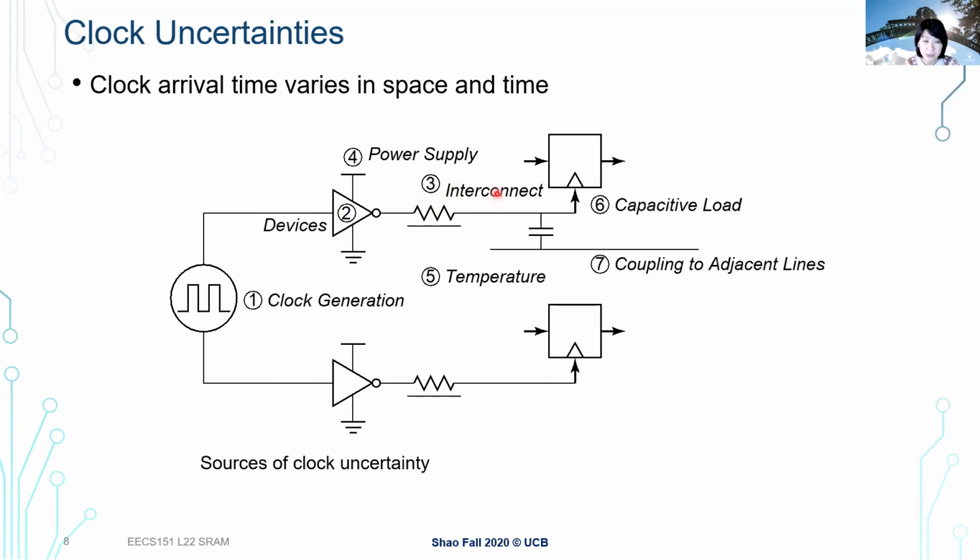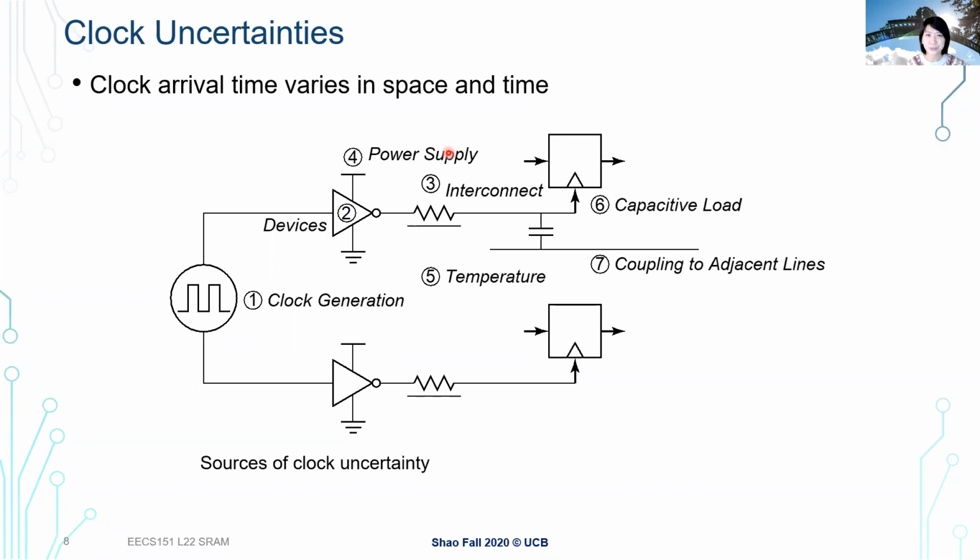And then we also talk about interconnect. I talked about the wire delay, which is also a very important factor. And whenever we talk about interconnect, all the flip-flops can be placed at different places. And whenever we start propagating signals to all of them, it's really hard to make sure you have the same delay.